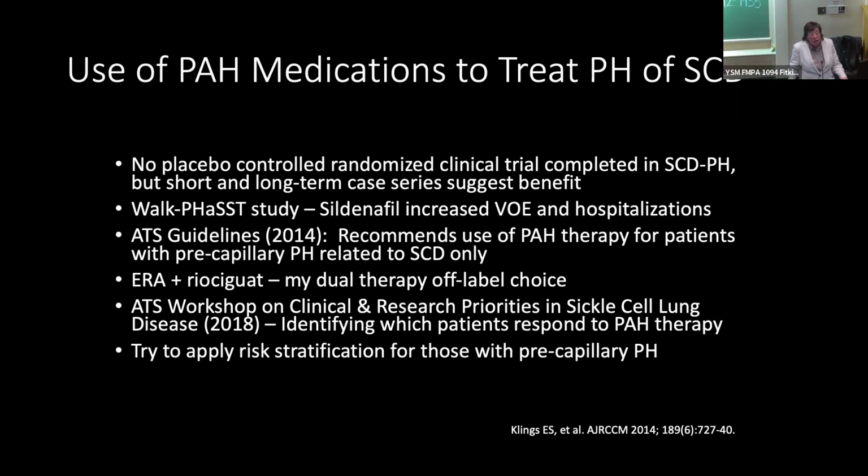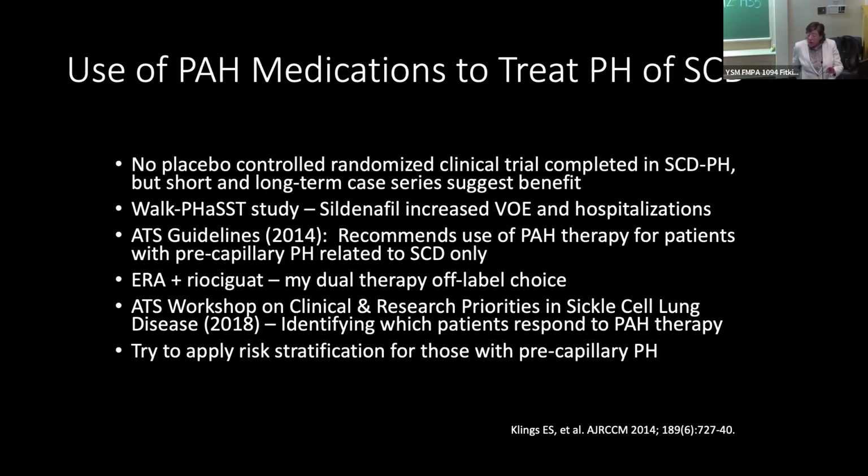We now have published data from the Stereo trial, a safety and efficacy study, primarily a safety study, of riociguat for high-risk patients with sickle cell disease who either had systemic hypertension and abnormal echoes, so it wasn't really a pH study, or a proteinuria study. This was 100 patients who were randomized to Rio versus placebo.